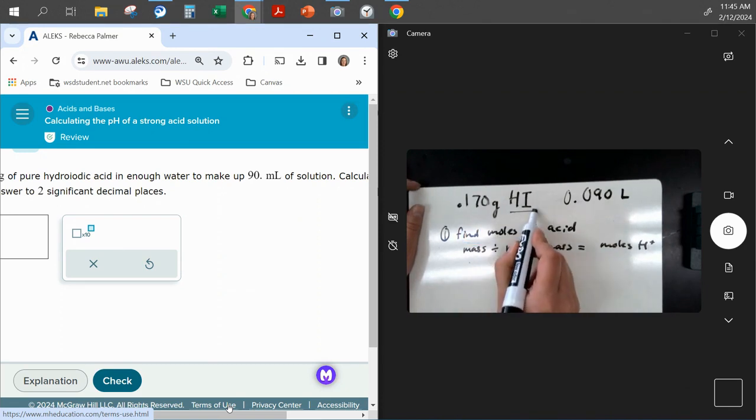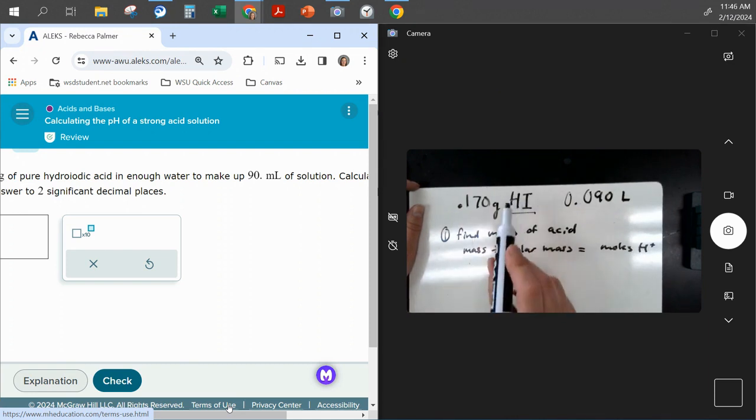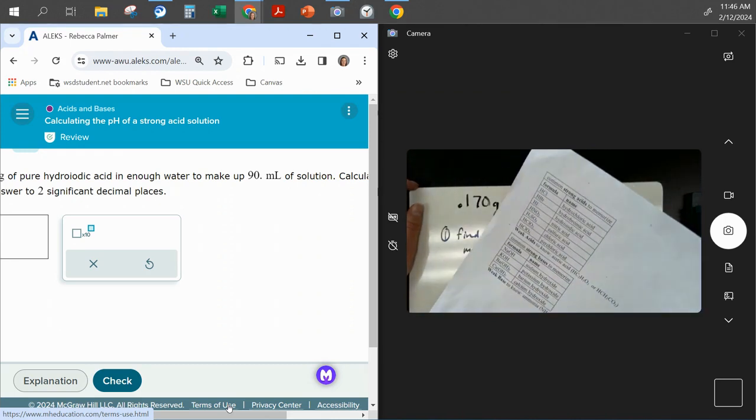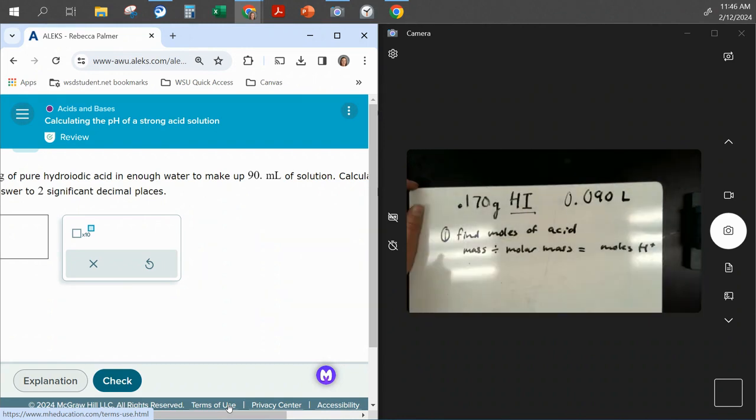That's why you need to know the formula of this, because you need the molar mass. So figure that out. Either put the strong acids that you have to memorize on your note card or memorize them. So I'm going to take my mass, divide by the molar mass, which is hydrogen plus iodine, and that's going to give me moles.